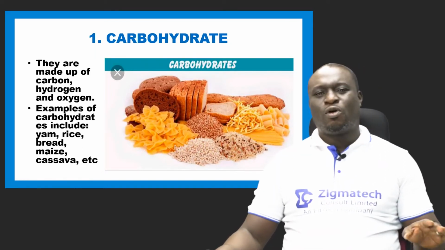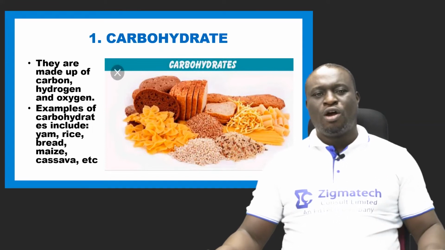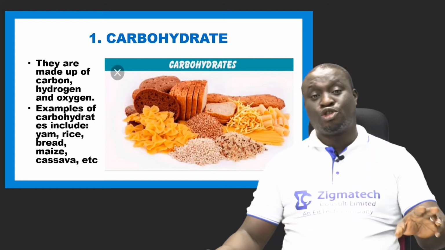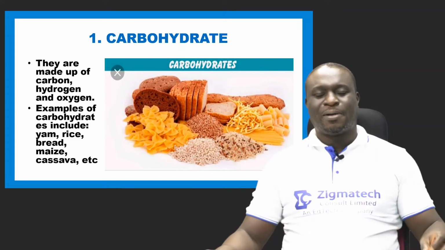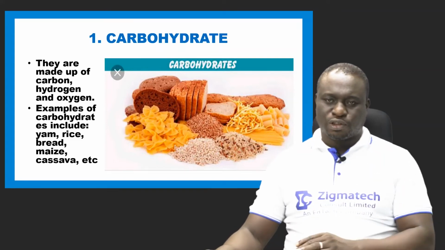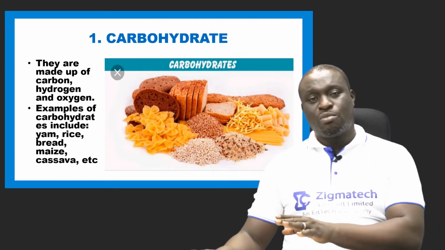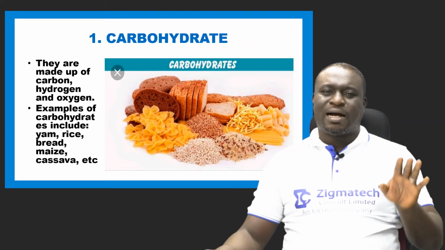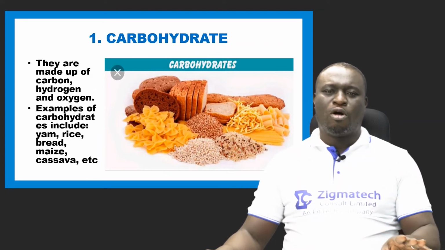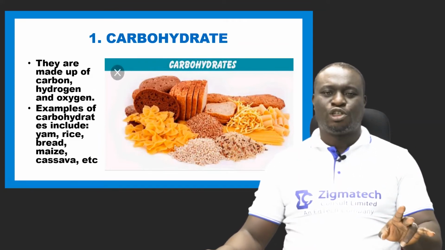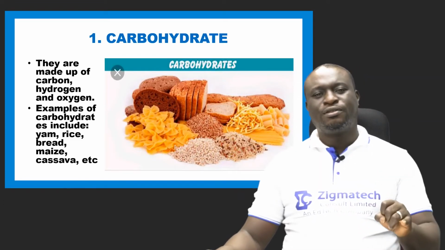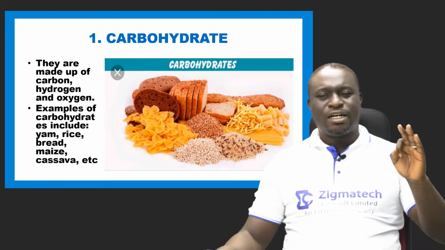Carbohydrates. The simplest form of carbohydrate that can be absorbed or utilized by the cells is glucose. We'll be discussing more about it later. But understand this, that carbohydrates are made up of carbon, hydrogen, and oxygen.